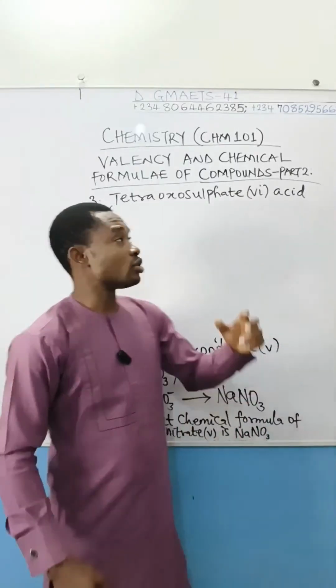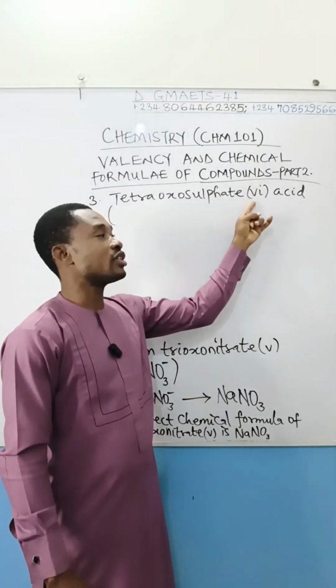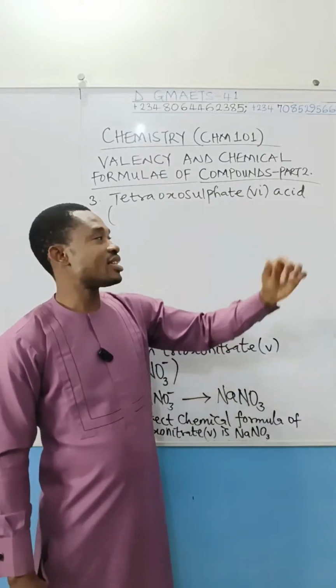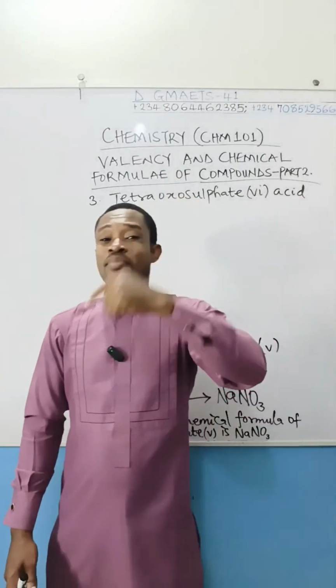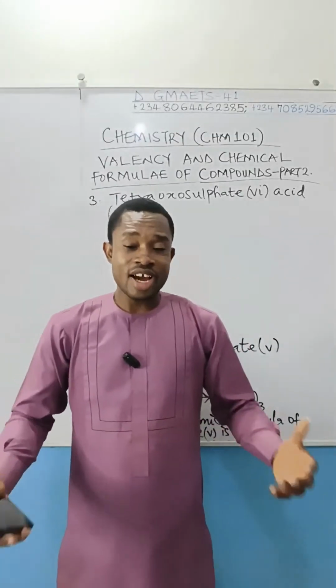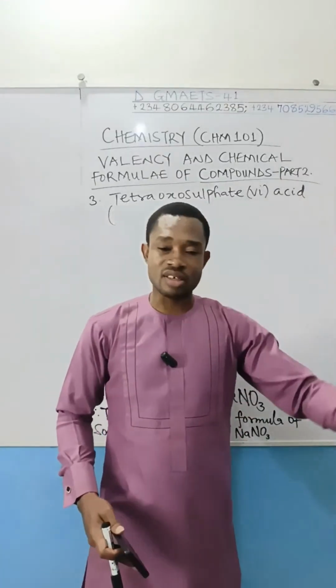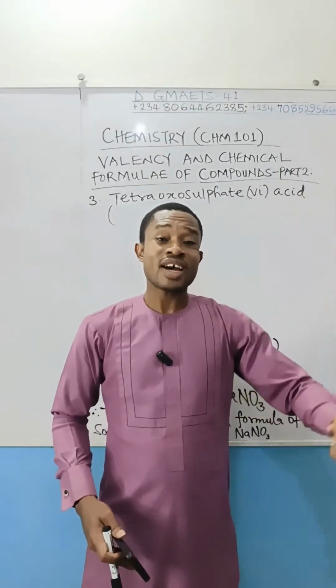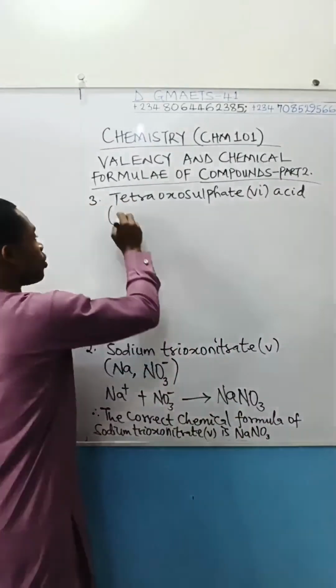But listen to this, I could pronounce this compound as hydrogen tetraoxosulphate 6. In that case, I don't need to mention the acid. It's not necessary because the hydrogen I've mentioned already covers for the acid. But if I do not mention the hydrogen, I could just simply say tetraoxosulphate 6, then I have to end it with acid for someone to know that hydrogen is present.